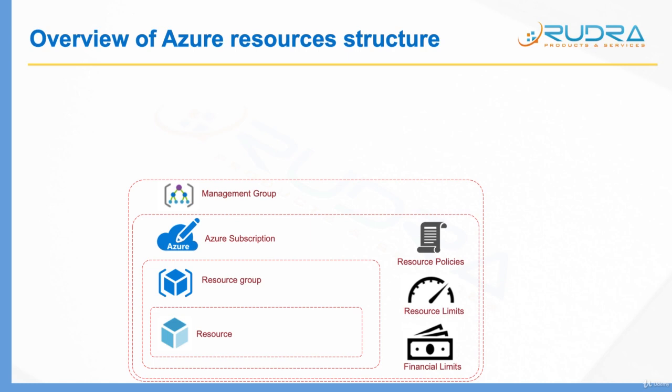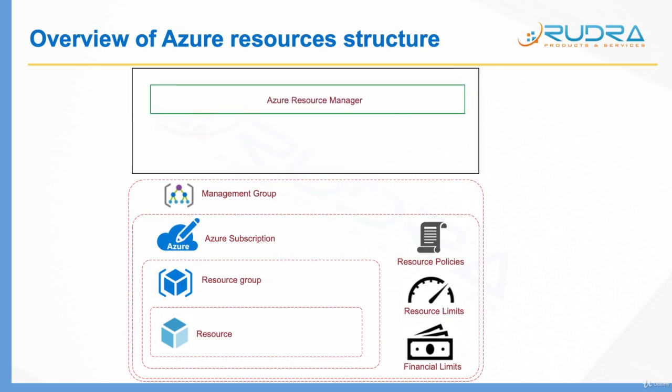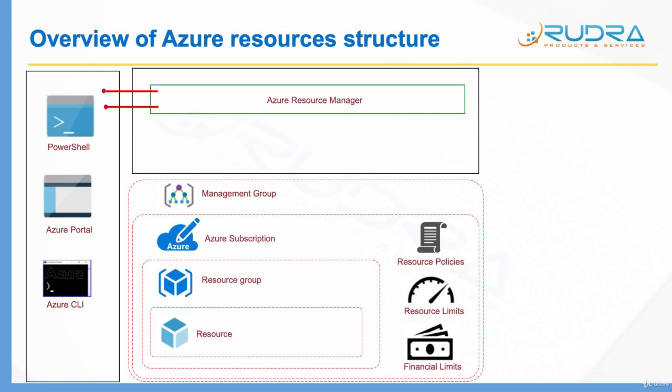Okay. And in the previous lecture, I explained a piece of software called the Orchestrator, which contains all the front-end services, such as web services and REST APIs. One of the components of that Orchestrator is Azure Resource Manager, which contains REST APIs that can be called by different tools in Azure, such as PowerShell, Azure Portal, or Azure CLI, in order to deploy resources into subscriptions and resource groups.